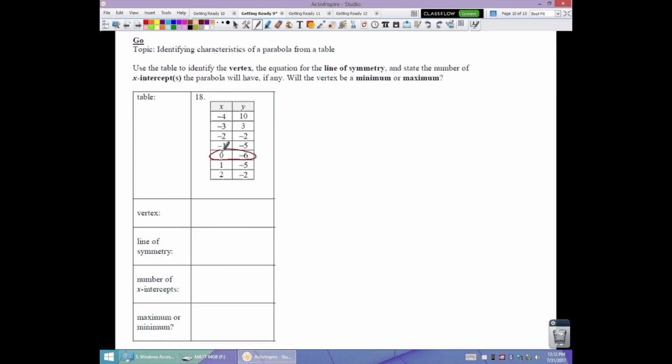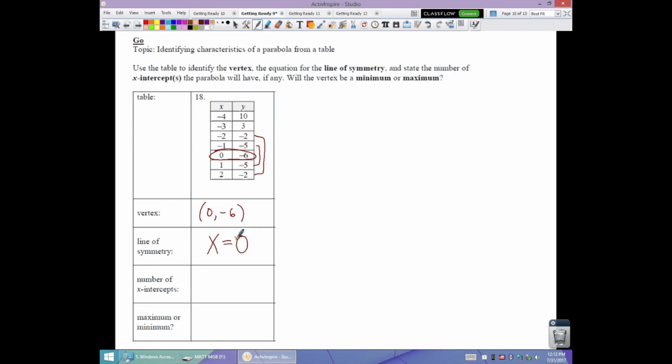It happens here. Notice these y values are decreasing, decreasing, decreasing till they hit -6, and then they go back up with the same values we saw approaching the -6. So my vertex is 0, -6, making my line of symmetry x equals the x-coordinate here, 0.